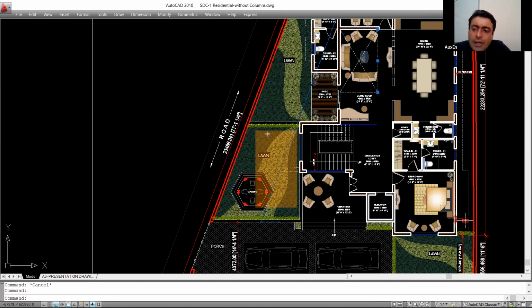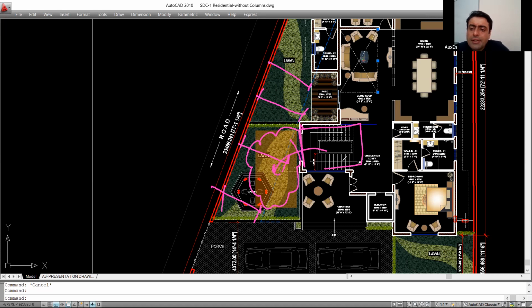In the lawn area. Yeah, the problem is what? Why can I not put a staircase over here? Because you remember I have to leave some open spaces all around. I cannot encroach in that open space. So I cannot shift this staircase to this area. All right.